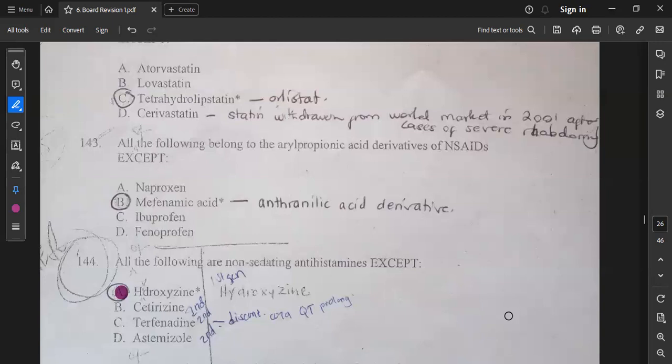So it's worth noting that meloxicam does not belong to the enolic acids like piroxicam and tenoxicam. It's a COX-2 inhibitor.